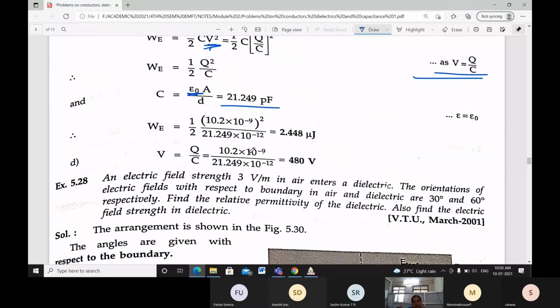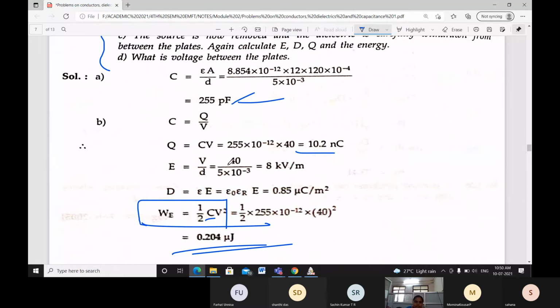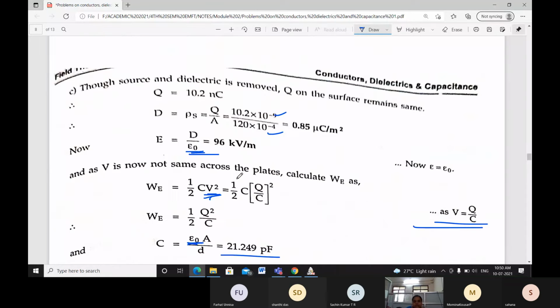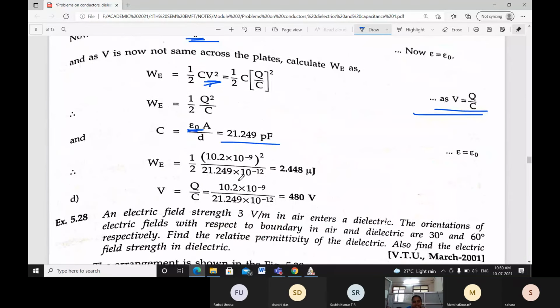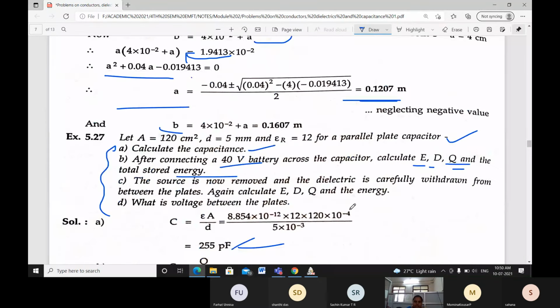After removing that part, you have to find out the potential. Don't go with the earlier one, 40 is already given, not that one. Go with the second case, when it is removed. Then what is the potential between the capacitance? You will be getting 480 volts. This is the problem. Like these problems, minimum 6 marks they will be asking.